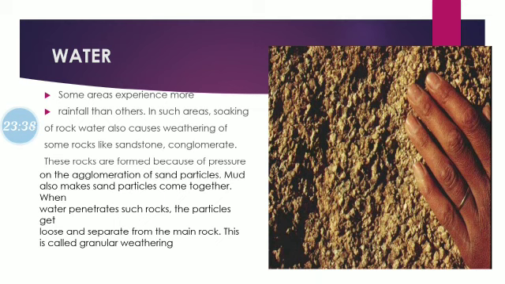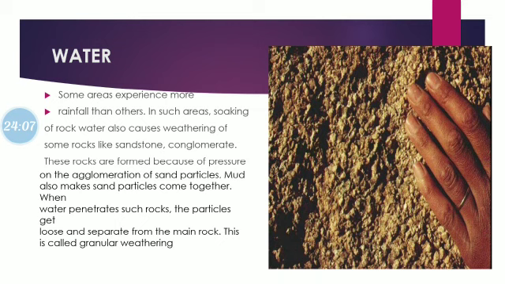Then the next factor is water. Some areas experience more rainfall than others. In such areas, soaking of rock by water also causes weathering of some rocks like sandstone or conglomerate. These are the types of rocks, sandstone and conglomerate.